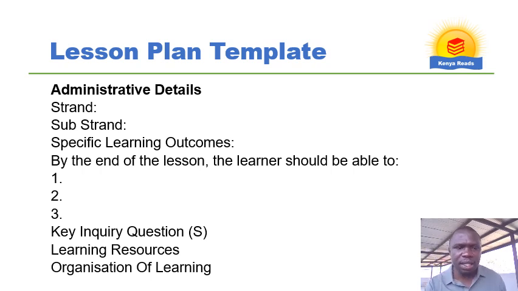So if you have six learning outcomes, the question will also be, will you be able to achieve them in maybe a 40-minute lesson, or a 35-minute lesson? So it's something that is open to discussion based on what you want. But you can have four, you can have five, as long as they can be achieved in that lesson.